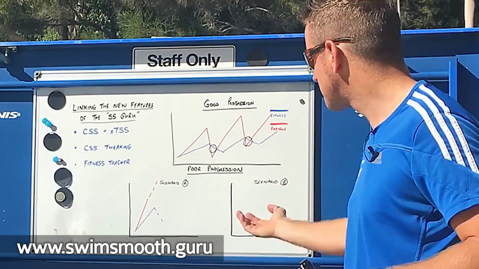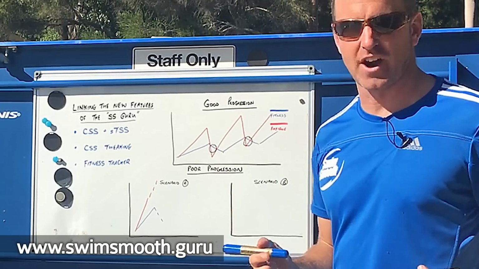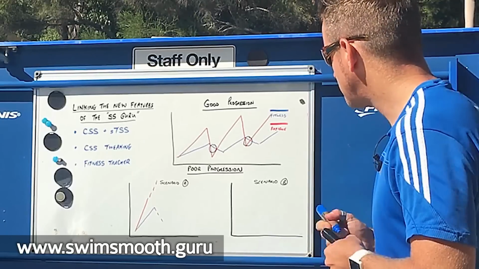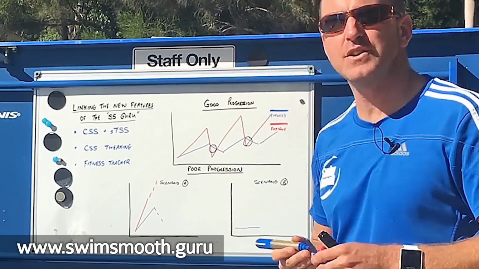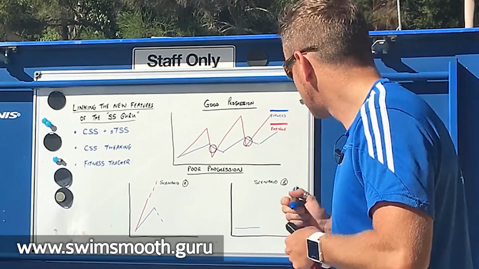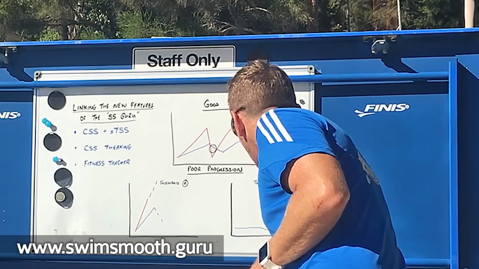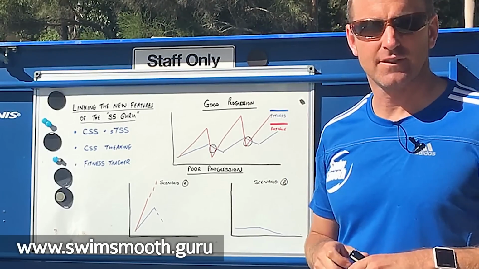Now, the other scenario for poor progression is somebody who doesn't do enough training. So you might be ticking along where every session is the same as the last. Or maybe, worse still, fitness starts to drop off because you're simply not getting down to the pool regularly enough.